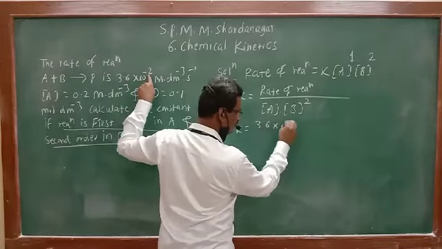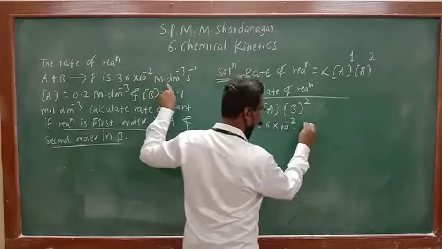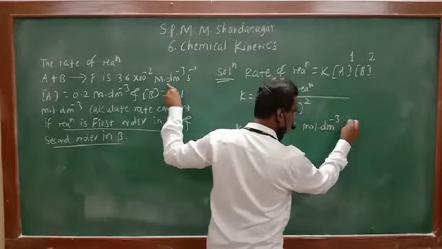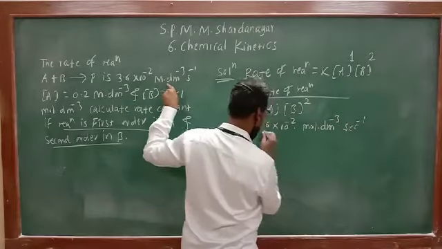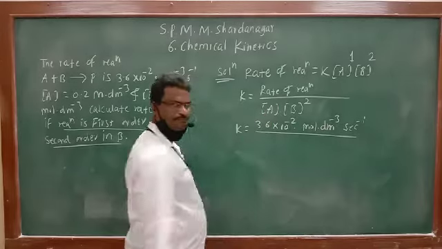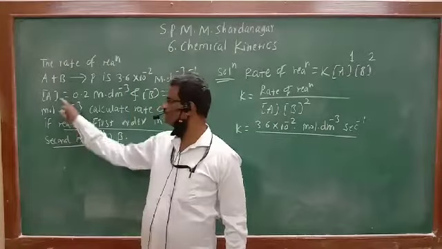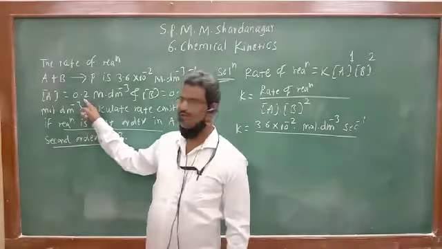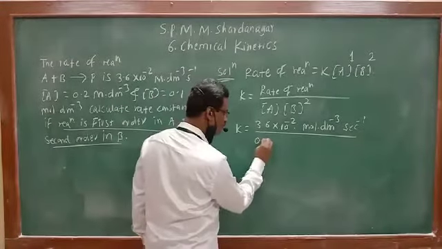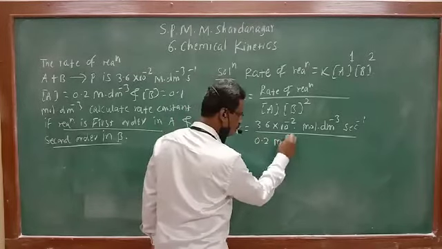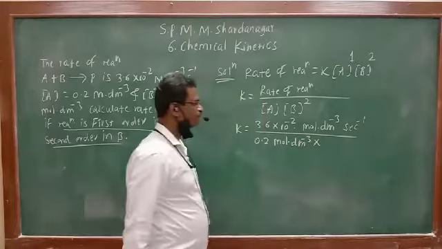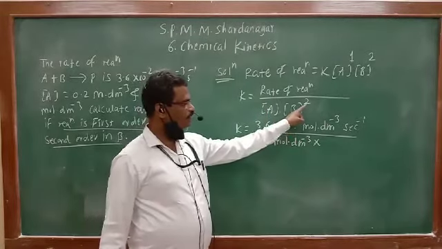The unit is mole per decimeter cube per second, divided by the concentration of A. What is the concentration of A? 0.2 mole per decimeter cube, multiplied by the concentration of B square.